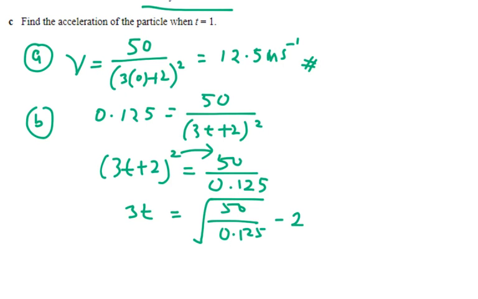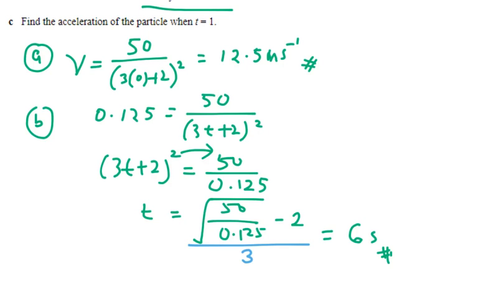Lastly, t will be equal to this whole expression divided by 3. Putting all the values in the calculator will lead you to the answer, which is 6. Hence, t is equal to 6 seconds.